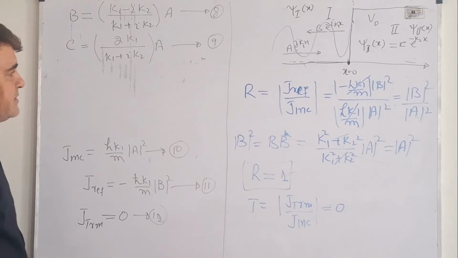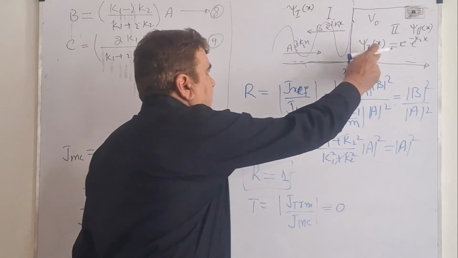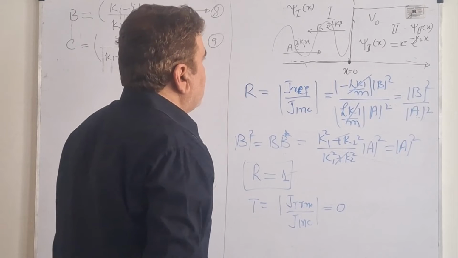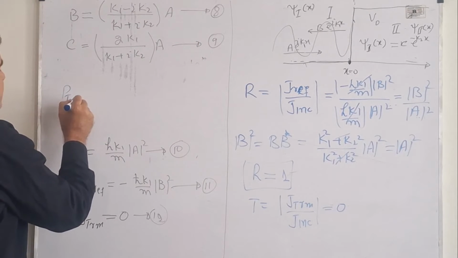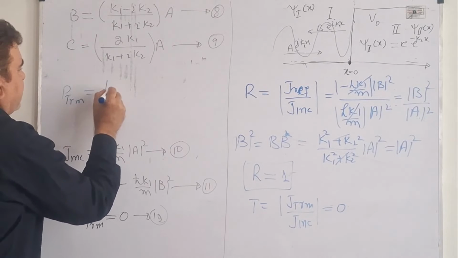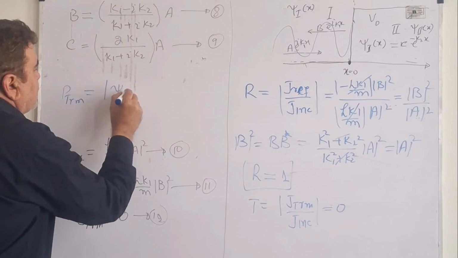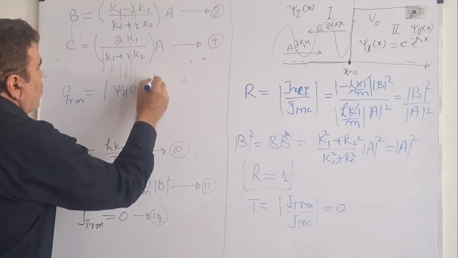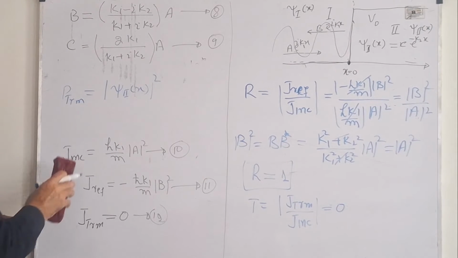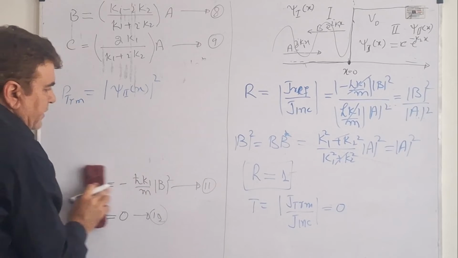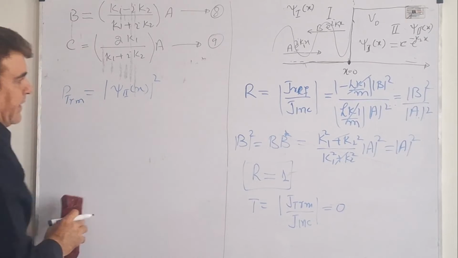And the probability density of the transmitted wave function is in fact equal to this thing. The probability of the transmitted wave is in fact given by mod psi 2 of x squared.